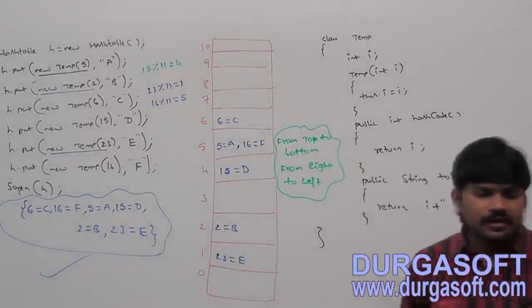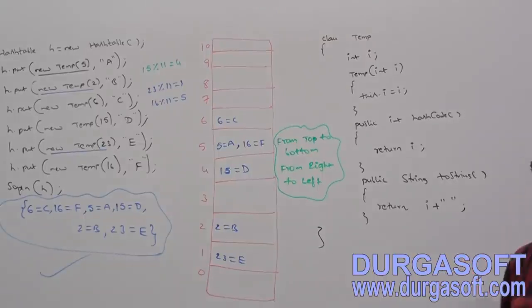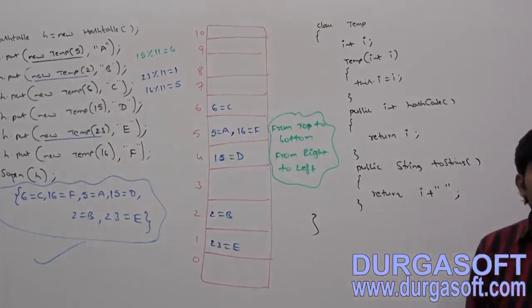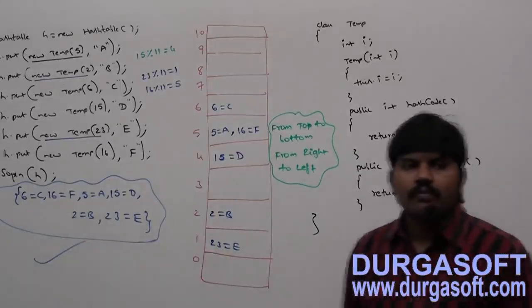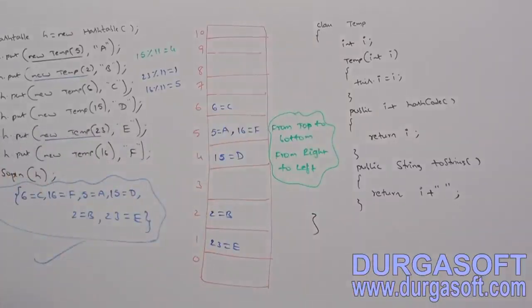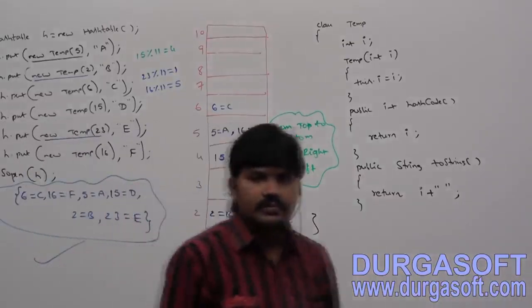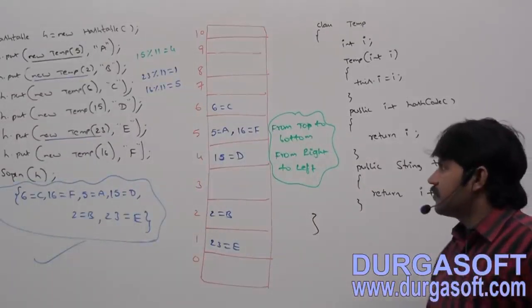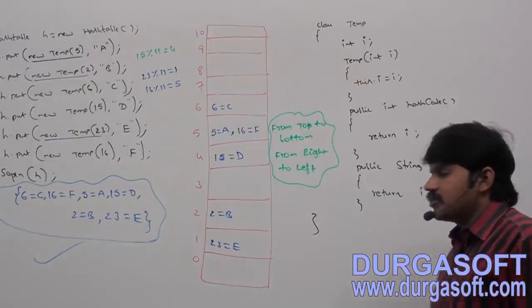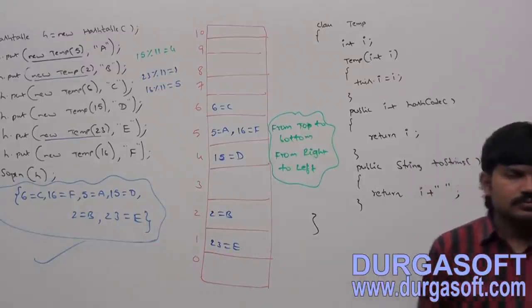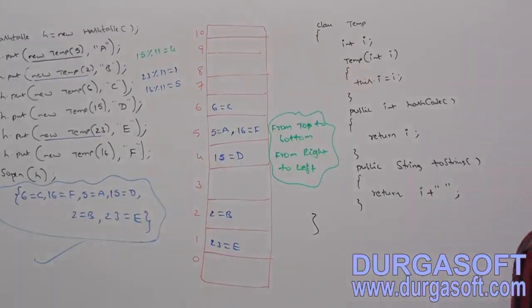This is the output we are going to get. From top to bottom, right to left, take the table and the output also. Completed, right?